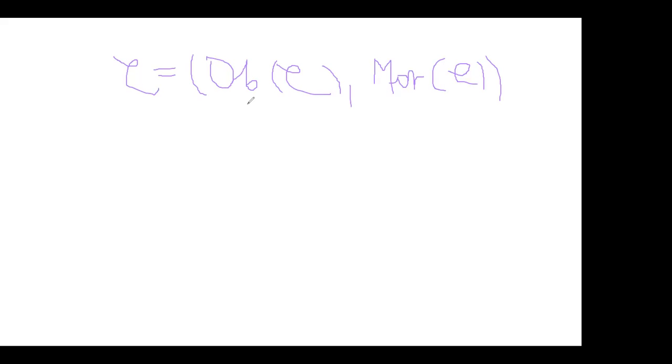So for instance, if you take all isomorphism classes of finite dimensional vector spaces, this is a set, because isomorphism classes of vector spaces are labeled by natural numbers, by the dimension, and the set of all natural numbers is a set. So the category of isomorphism classes of finite dimensional vector spaces is a small category. You say that the category is small if its class of objects is a set. Okay, and I just gave you an example.